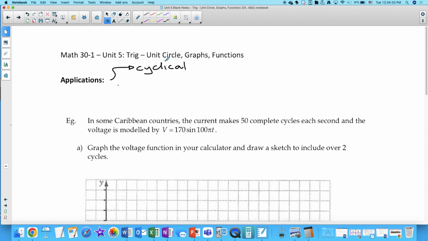Okay, so think weather patterns. Tides go in, tides go out, tides go in, tides go out, etc.